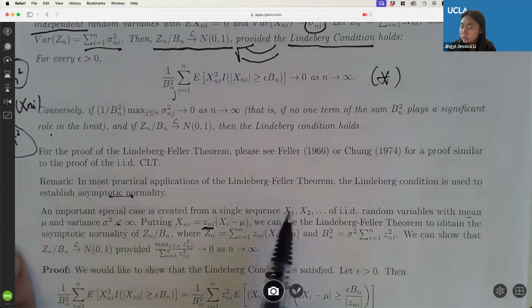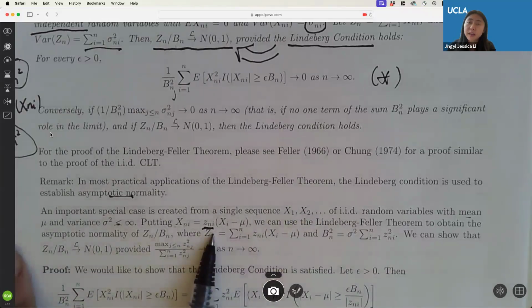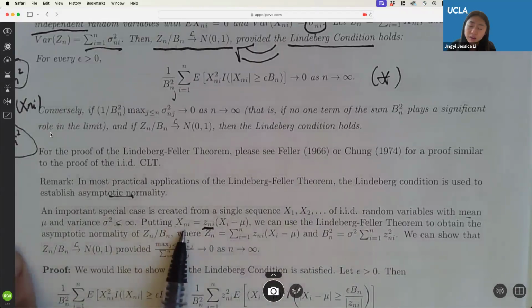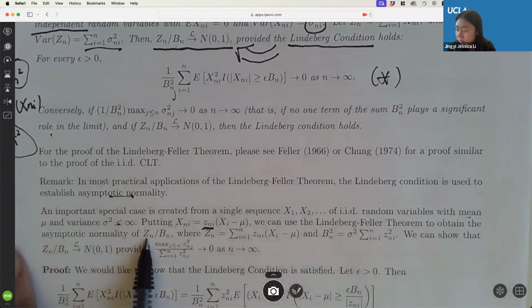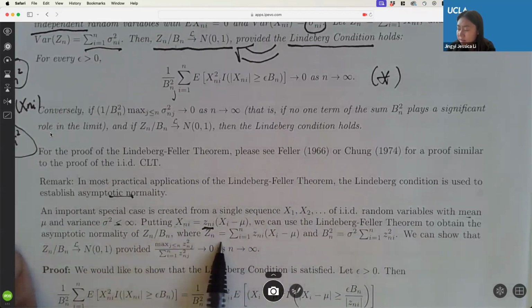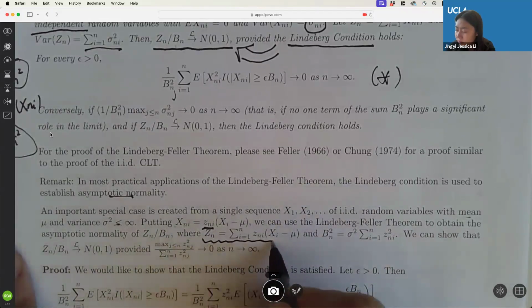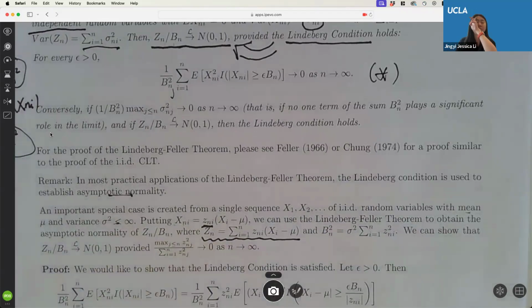That's why, even if you start from IID, after this modification the x_ni are not IID, because they have different z_ni constants. Then we can use the Lindeberg-Feller theorem to obtain the asymptotic normality of Zn over Bn, where Zn is the sum from i equals 1 to n of z_ni times (xi minus mu). So you get a more complex form of Zn, right? It's not just the sum of xi minus mu, but we multiply z_ni for each xi.